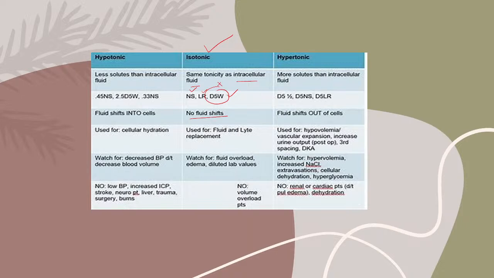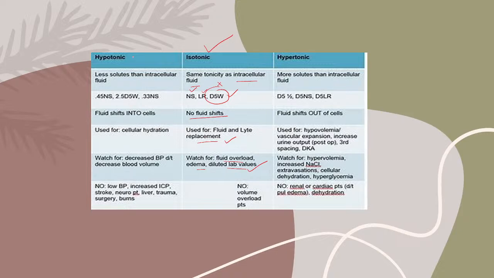This is a very important fluid used for fluid and electrolyte replacement. If the person is having isotonic fluid infusion, we need to watch for fluid overload, edema, and diluted lab values. We need to be very keen about the lab values.